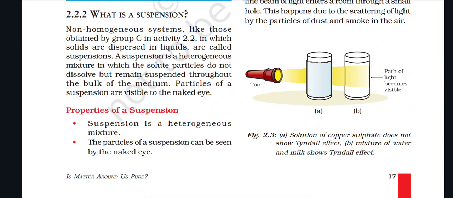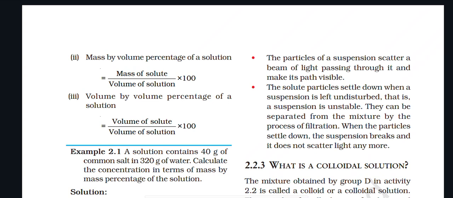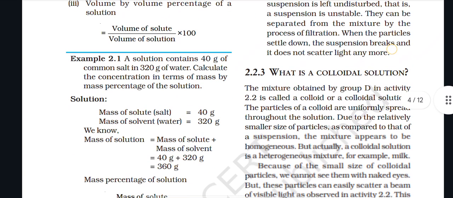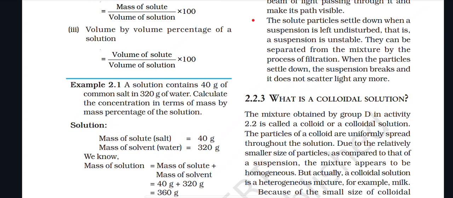A suspension is a heterogeneous mixture. The particles of a suspension can be seen by the naked eye. The particles of a suspension scatter a beam of light passing through it and make its path visible. The solid particles settle down when a suspension is left undisturbed. Next, they can be separated from the mixture by the process of filtration.